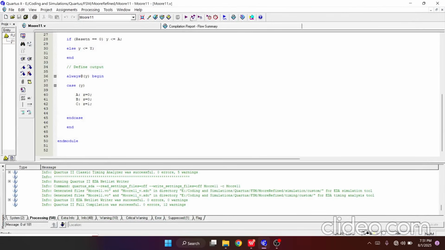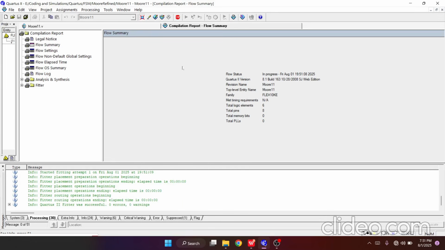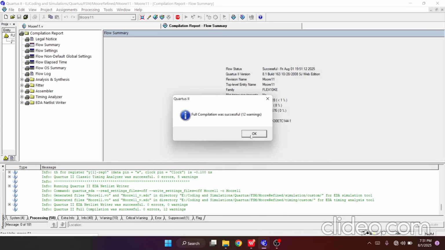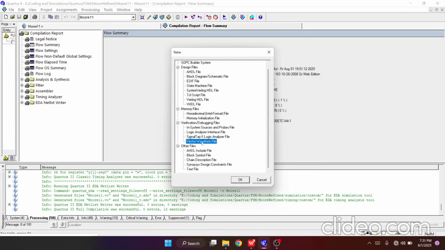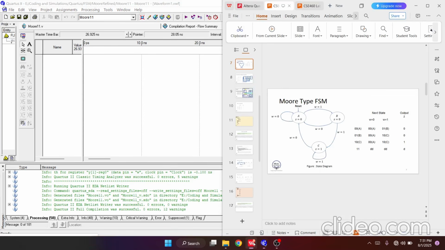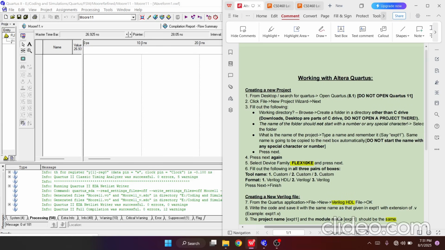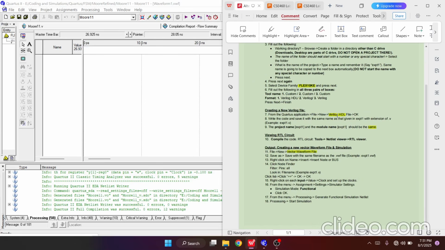Okay, after compilation is done, you'll have to create a new vector waveform file. You can do this following the steps in this PDF. Okay, you can simply follow the steps here.